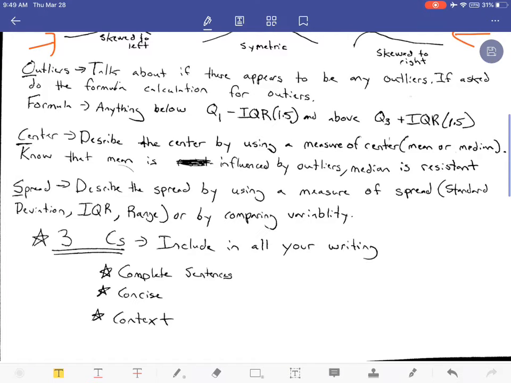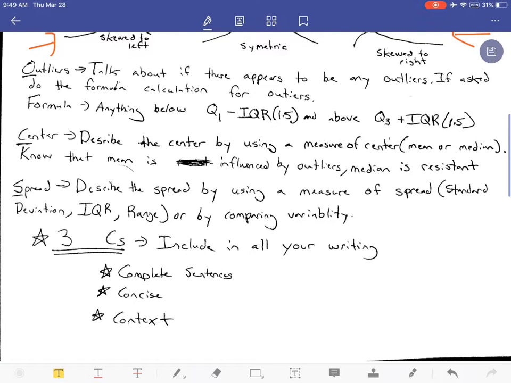Or if you're comparing two or more different types of graphs together in your summary paragraph, you can just talk about the variability. So remember, variability is how spread apart or condensed the graphs are.